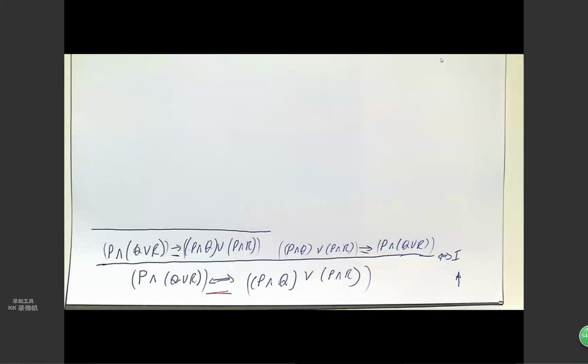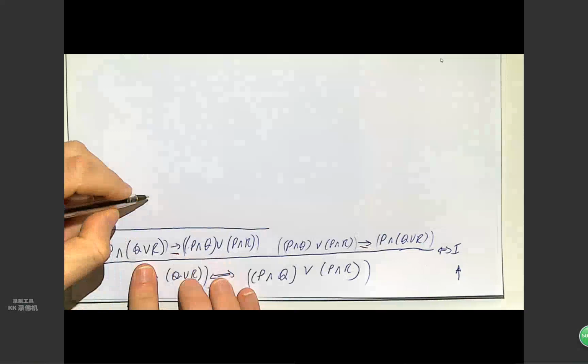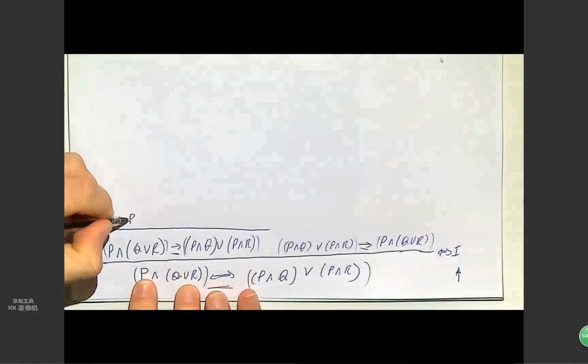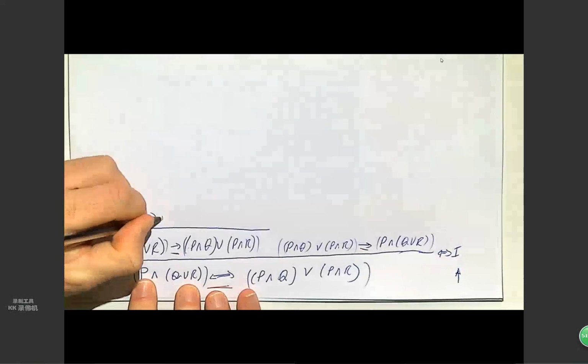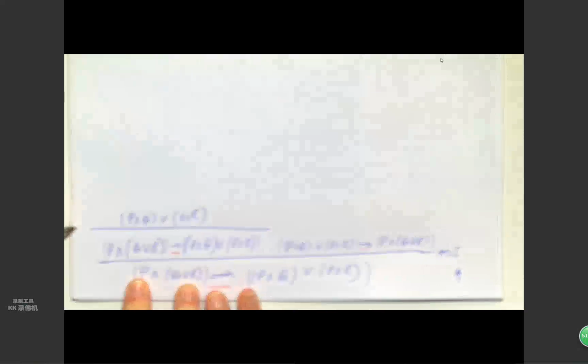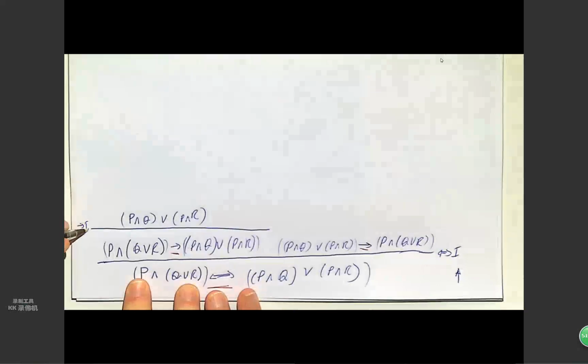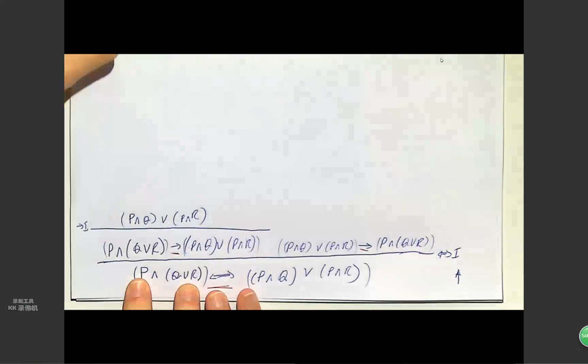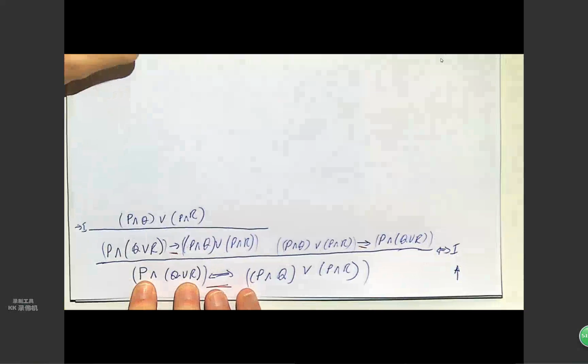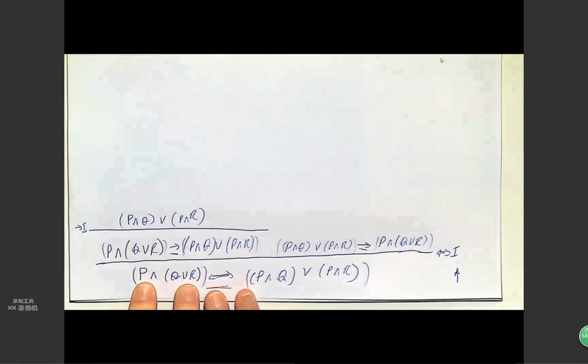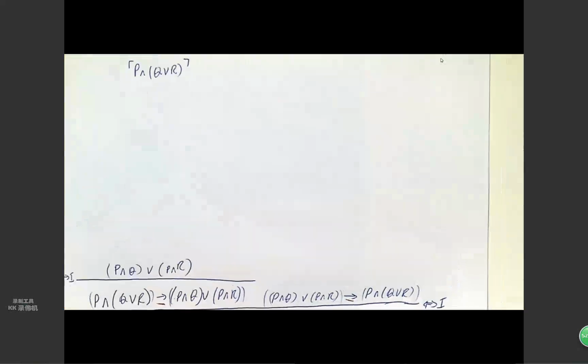So what goes on the top of the bar? P and Q, or P and R. And this is by implication introduction. And then I can assume A, which is P and Q or R. Okay?